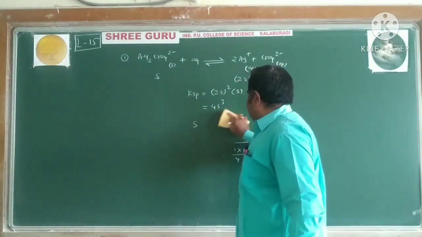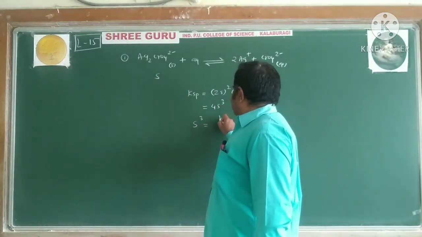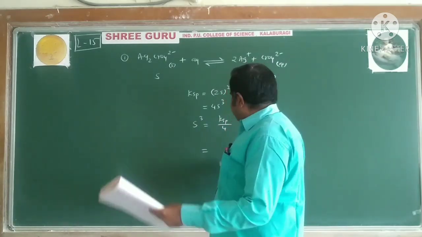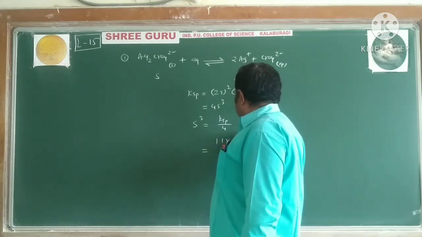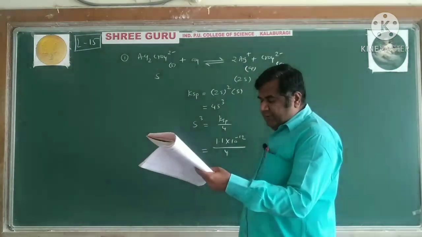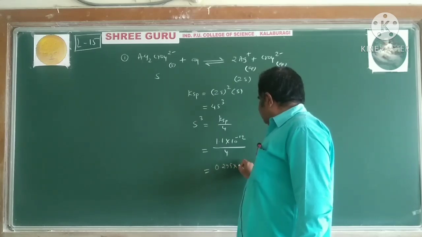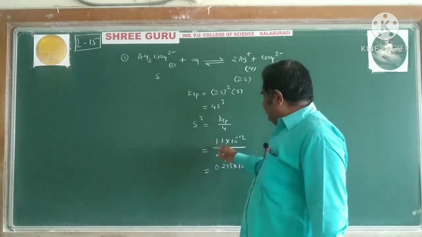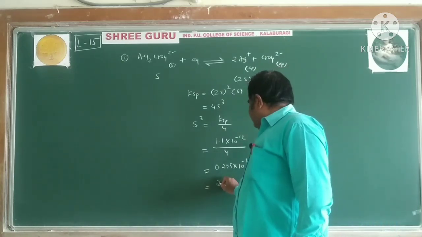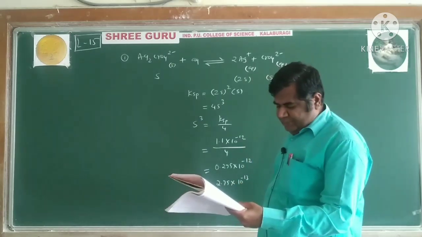So first we have to calculate S cube, which is nothing but Ksp by 4. Ksp value is already given, 1.1 into 10 raised to minus 12 divided by 4, and this comes to be 0.275 into 10 raised to minus 12. You can do it by a simple calculator, which is nothing but 2.75 into 10 raised to minus 13.